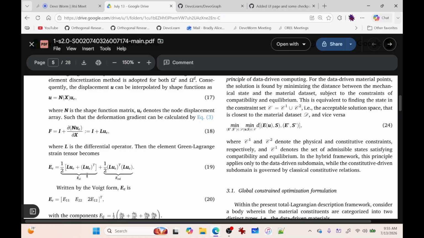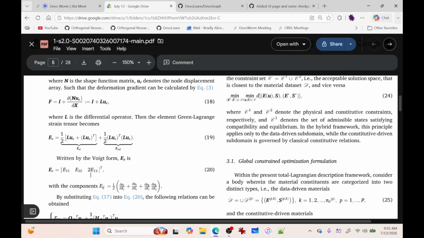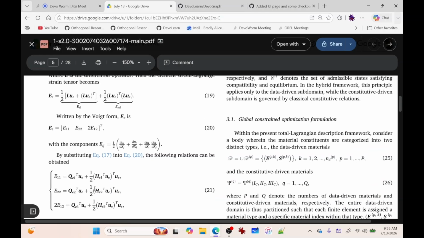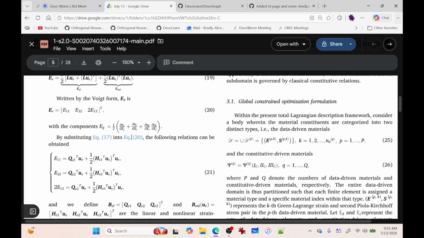I'm not familiar with the background of the math here, but basically this can be rewritten in this form, as a small matrix that can be transposed. By substituting equation 17 into equation 20, the following relations can be obtained. So now we have this set of relations for E11, E22, and 2E12.